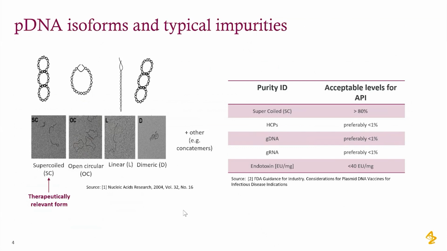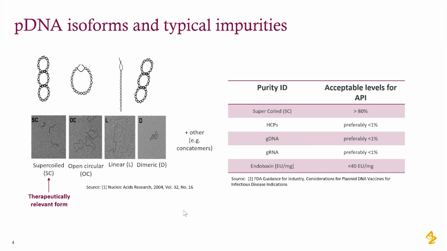Speaking about pDNA in general, it's important to highlight that even though pDNA naturally exists in the cell in a variety of different isoforms, we are mainly focused on the supercoiled pDNA isoform.